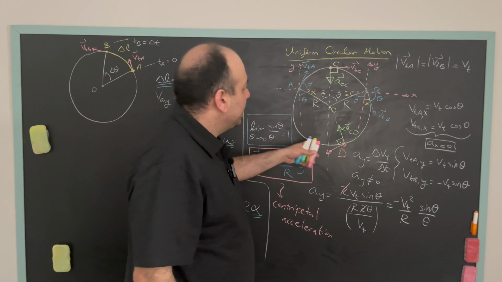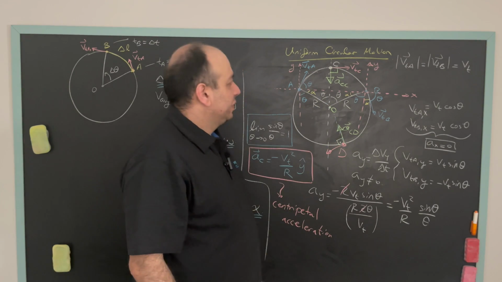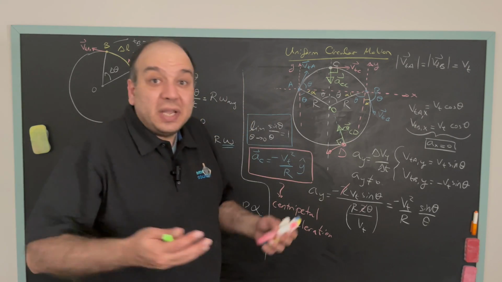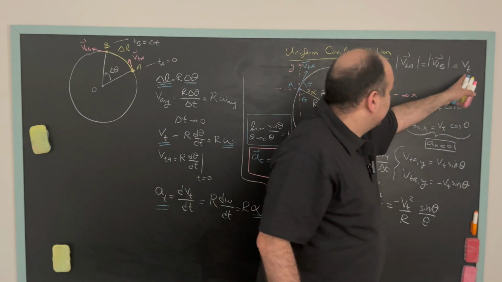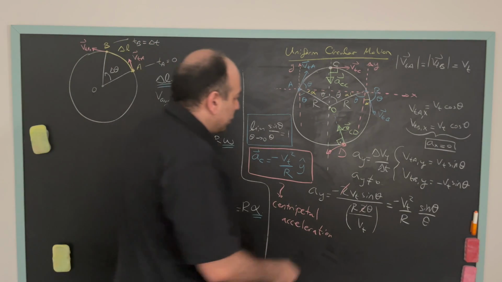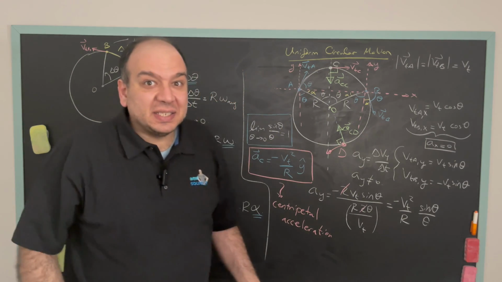Acceleration is always perpendicular to the direction of motion, and it's responsible for changing the direction. So this acceleration has no effect in changing the magnitude of the velocity. Okay? In other words, in the tangential direction, we do not have any acceleration.